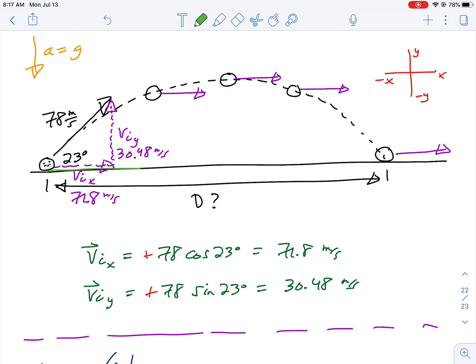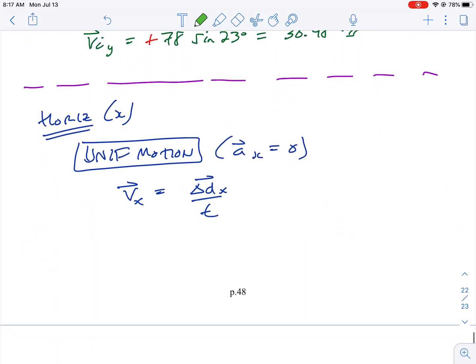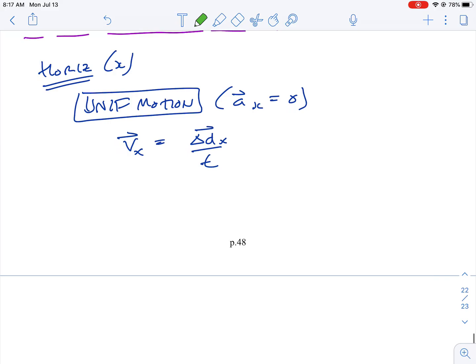So that would take you all the way across from start to finish. This is the delta D, which happens to be the delta dx. And that happens to be D. So delta D is delta dx. That's kind of what we're looking for here. All right, so let's do that. Let's get the delta dx by itself.